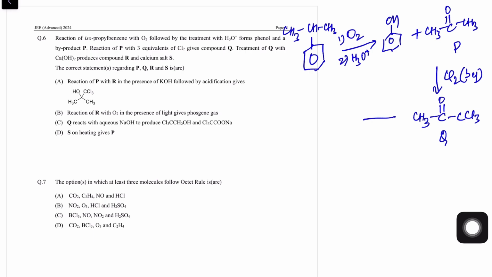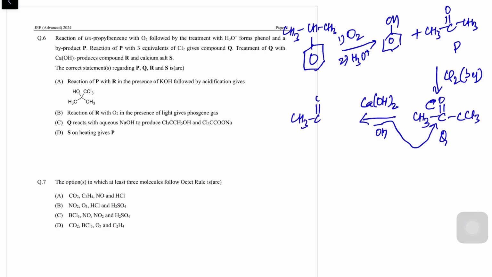Treatment of Q with calcium hydroxide produces R and calcium salt S. Now, if you react with hydroxide, what happens? Hydroxide attacks here, the pi bond breaks. That gives us CH3CO with OH and CCl3.